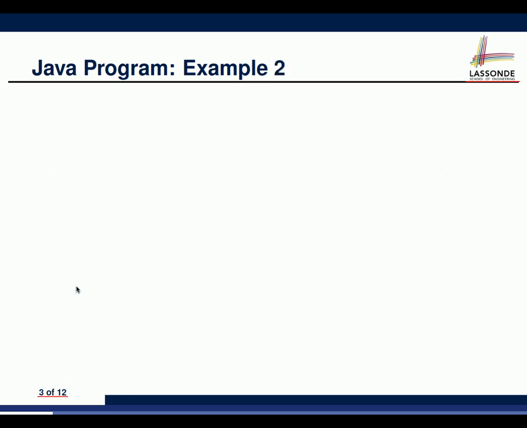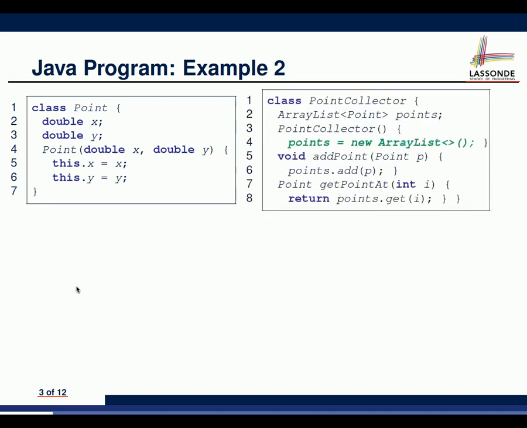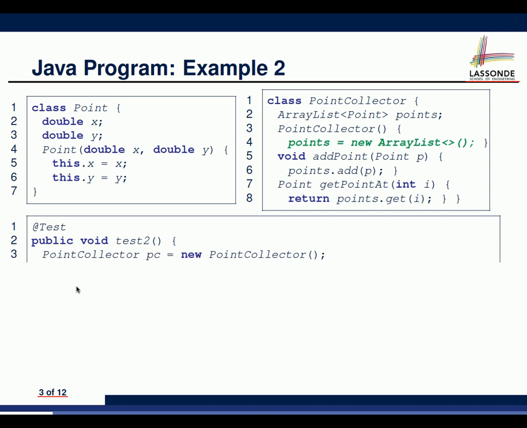Now, another class, also with points and PointCollector. I fixed the previous error: points is assigned to a new, empty ArrayList to begin with. Now let's say we have test2. A PointCollector object, and I simply assign it to null.